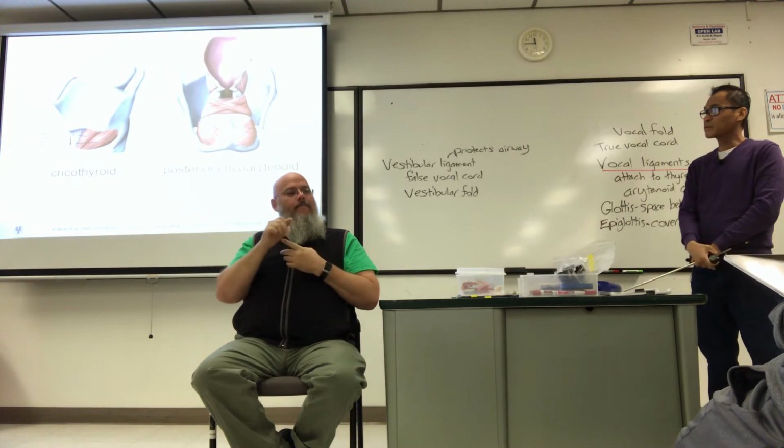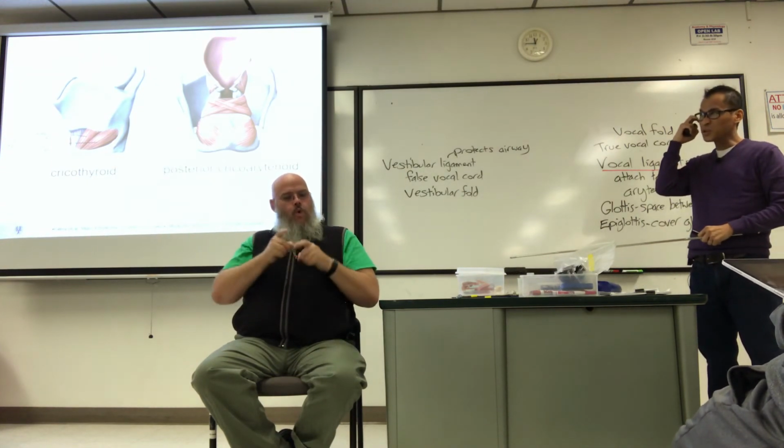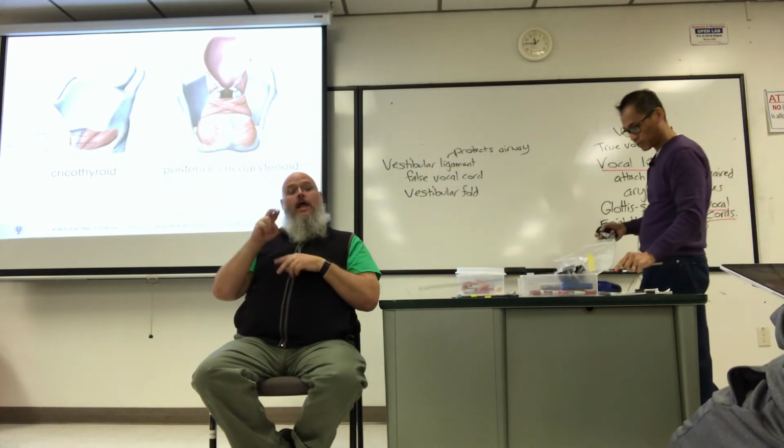Now there's a couple of muscles I want you to know that control the vocal cords. We'll just do one on the front and one on the back. These are laryngeal muscles.